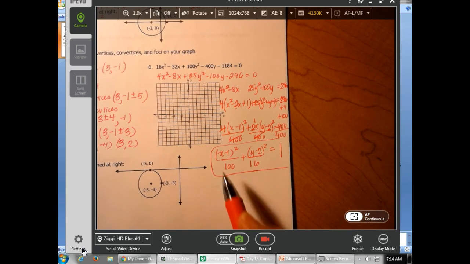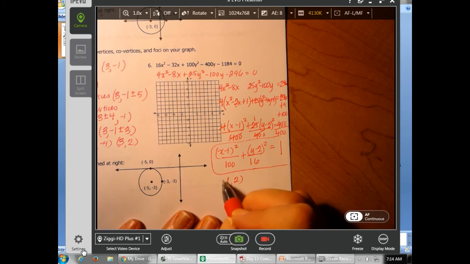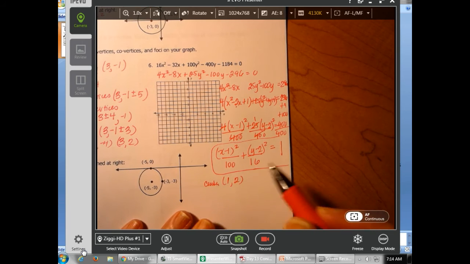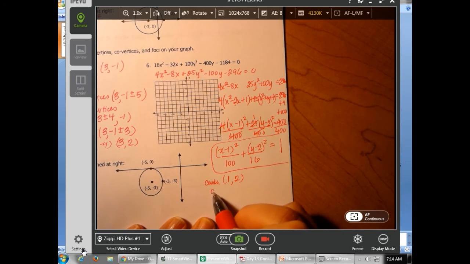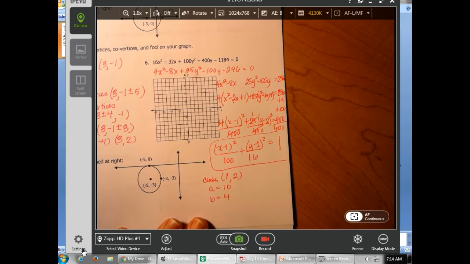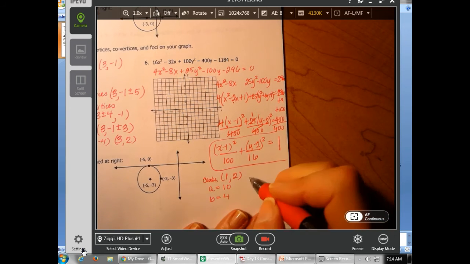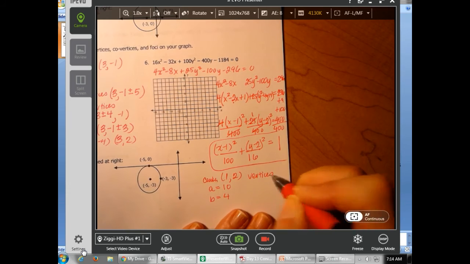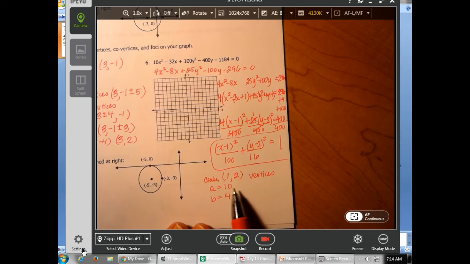So my center is going to be 1, 2, and I'm going to go 10 to the right and left, and I'm going to go 4 up and down. So the vertices are the endpoints of the major axis. So this is going to be elongated more in the direction of x.